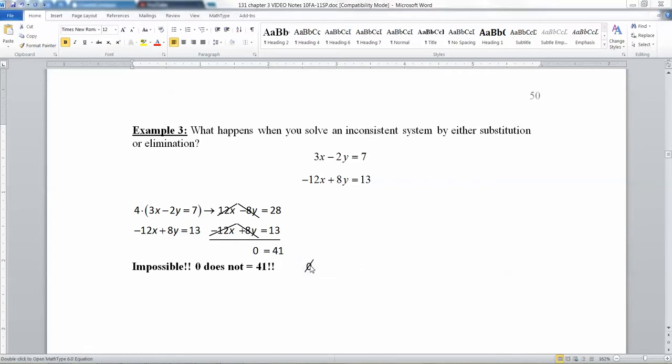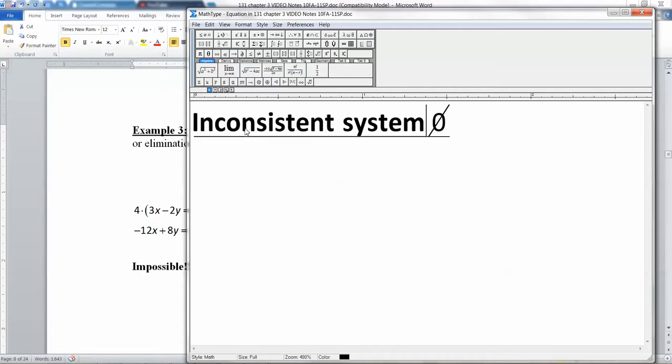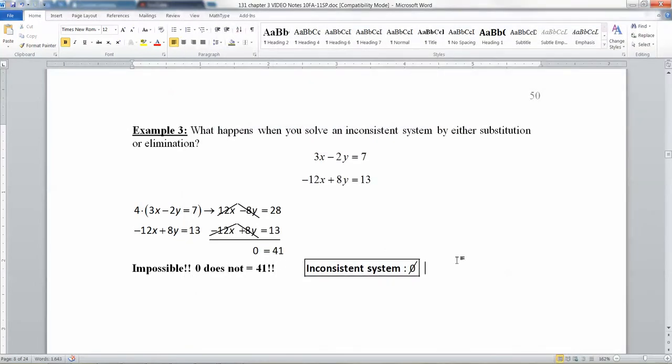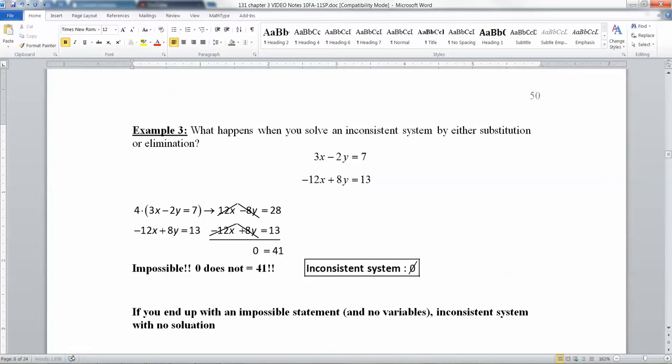And then for your learning purposes, you'll want to say to yourself, okay, inconsistent system means there's no answer, or no solution, excuse me. Okay, now how am I going to spot that? If you end up with an impossible statement and no variables, like here all the x's and y's disappeared, that's an inconsistent system with no solution.